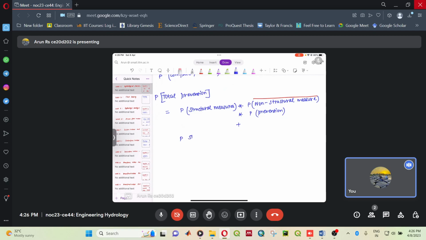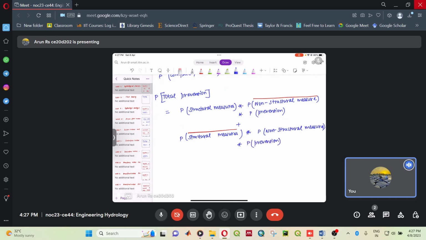And in the second case, we are not going to improve the structural measure, but we will improve the non-structural measure, into probability of prevention.